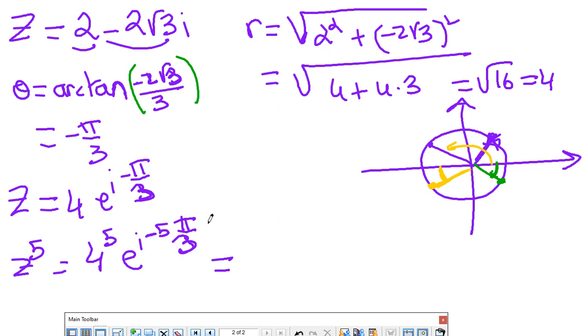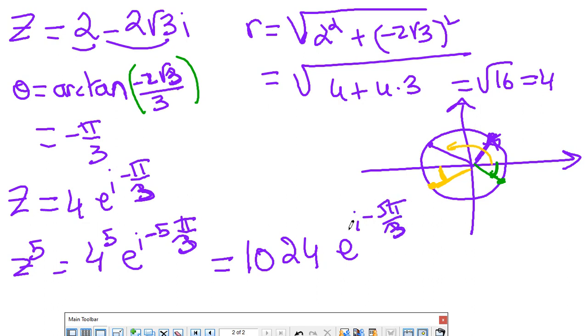You can find the answer if you want using the calculator: 1024 e^(i minus 5 pi over 3).